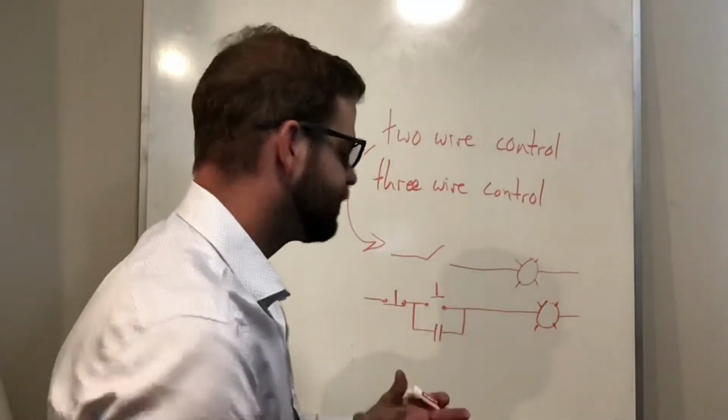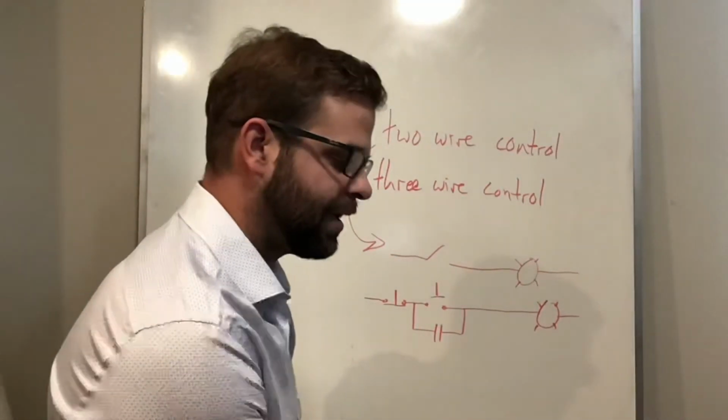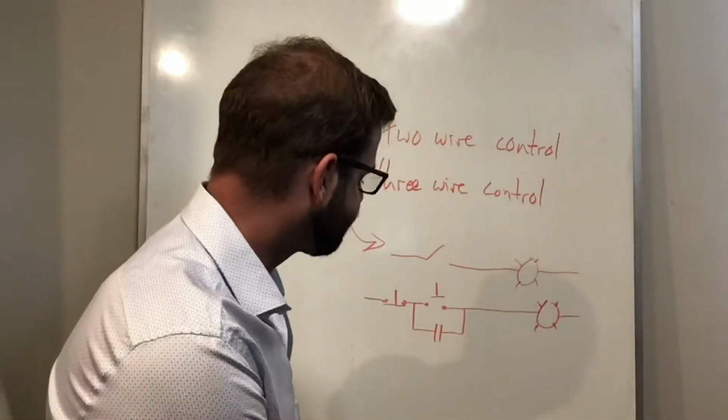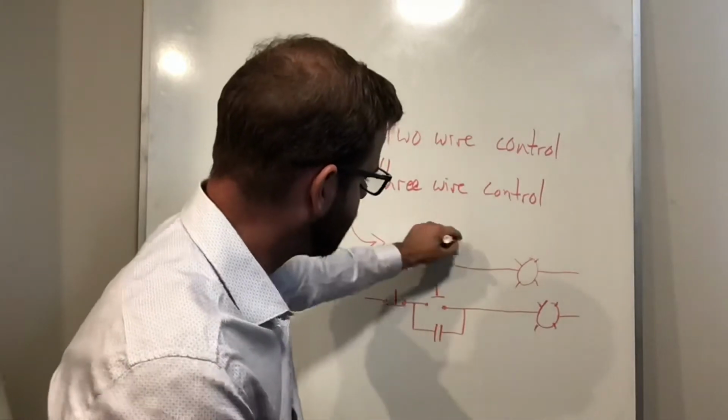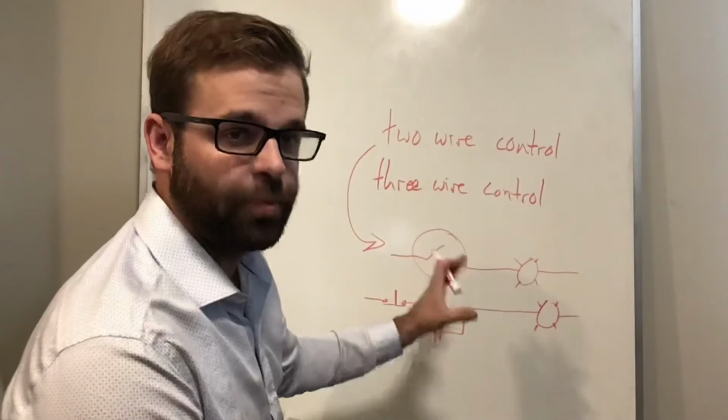Know how they would appear if you were to ohm them out with an ohm meter. So if I were to look at a toggle switch, my toggle switch is open right now.